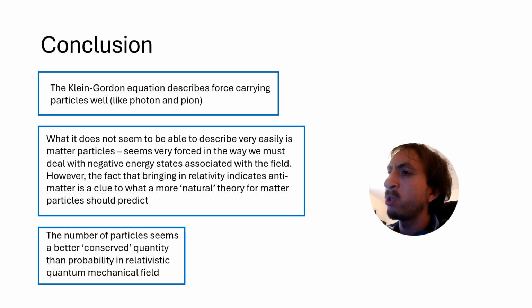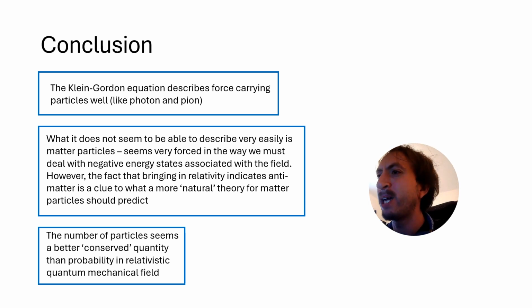But we also saw that probability doesn't seem to be working very neatly in the context of relativistic quantum mechanics. So perhaps probability isn't a good conserved quantity.